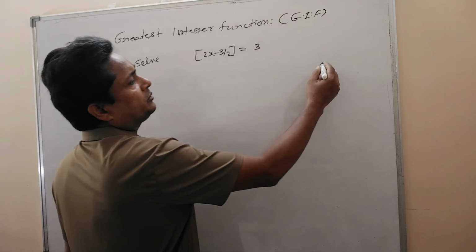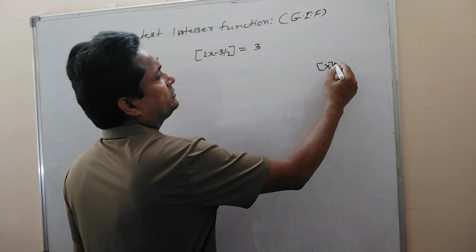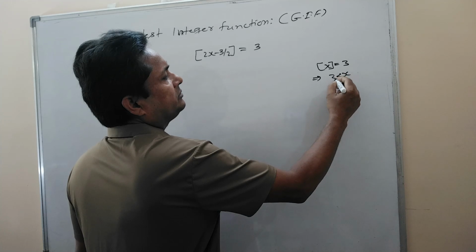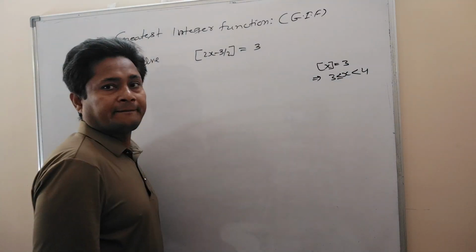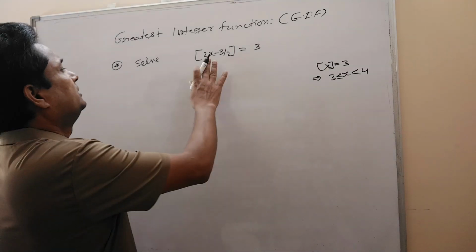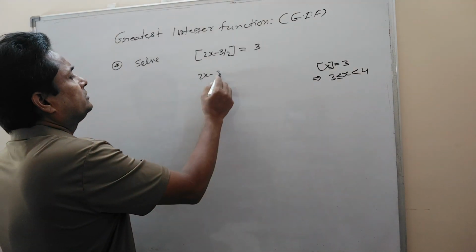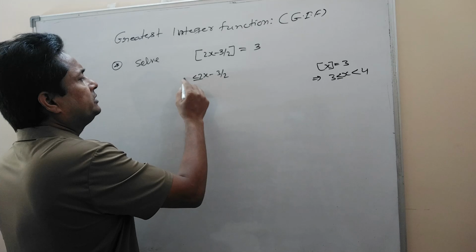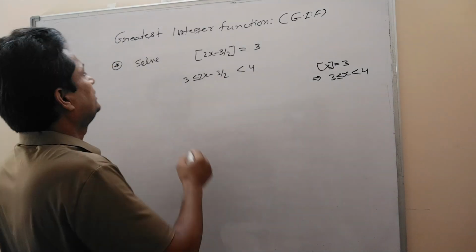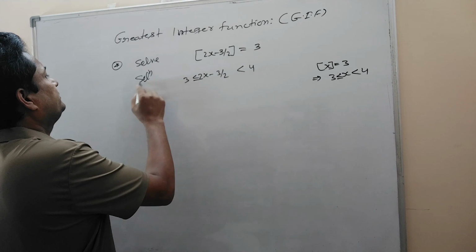I told this property. If this is equal to 3, then what will be your answer? The inside must lie between 3 to 4 according to the definition of the greatest integer function. That means 2x minus 3/2 must lie between 3 to 4. Right? This is the solution.